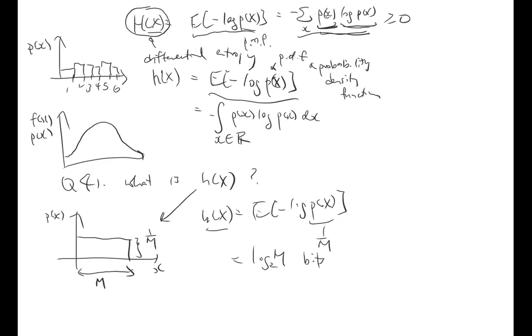But for this example, if m is equal to 1, then h(x) is equal to 0. If m is less than 1, then h(x) is less than 0. If m is bigger than 1, then h(x) is bigger than 0.